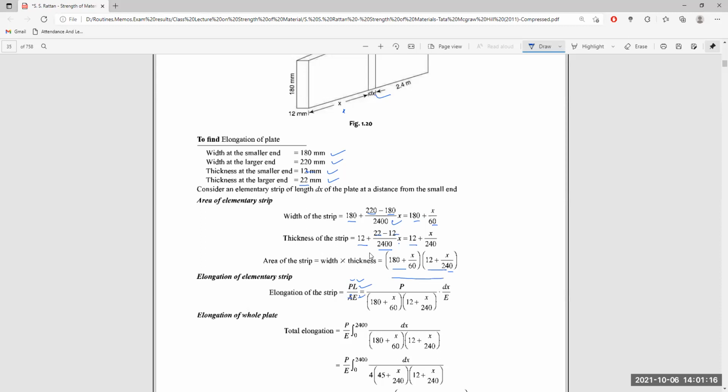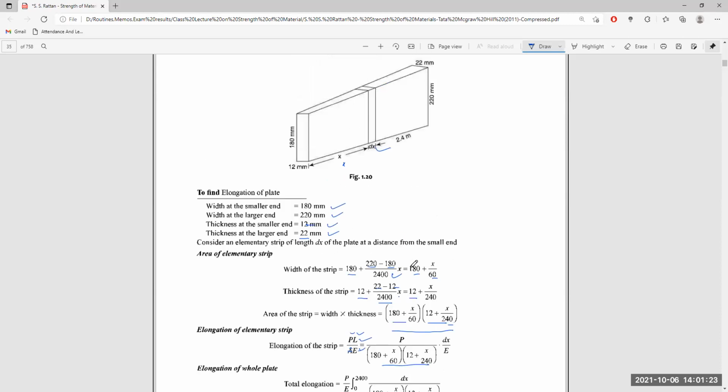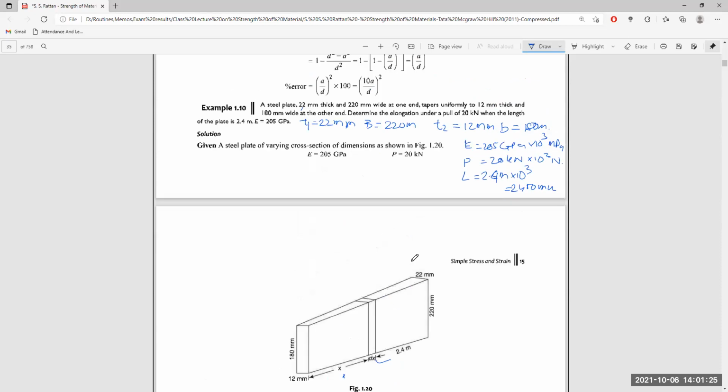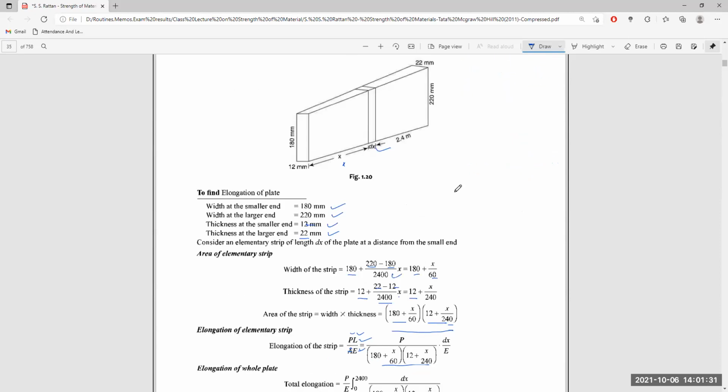The full length is put here, and P is also put here. What is the value of P? P is given as 20 kilonewton, that is 20 into 10 to the power 3 Newton.